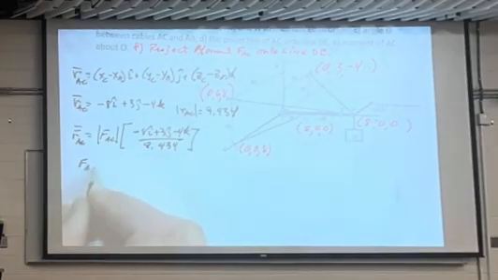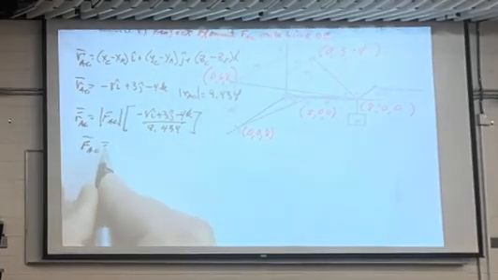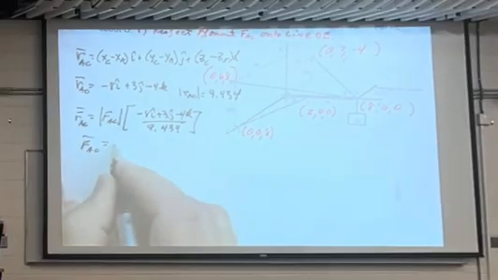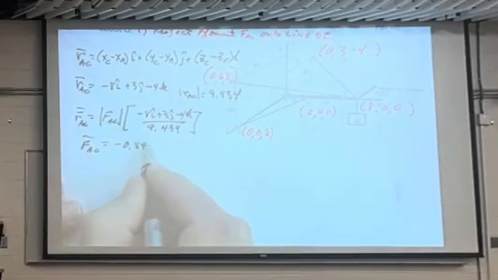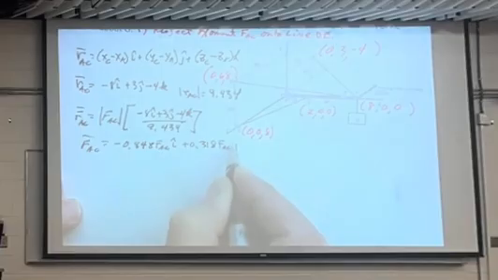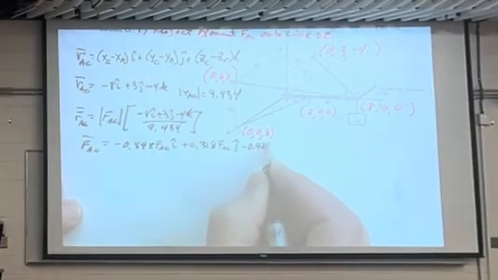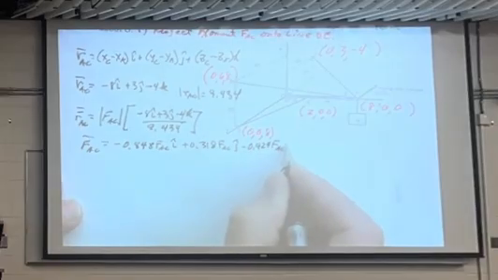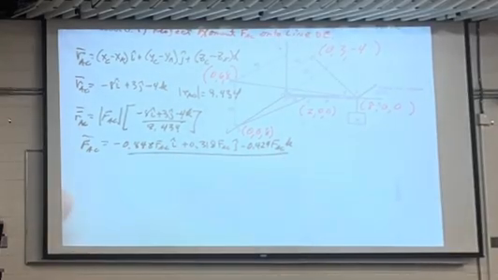That tells me FAC is minus 0.848 FAC i plus 0.318 FAC j minus 0.424 FAC k. There is FAC in terms of IJK.